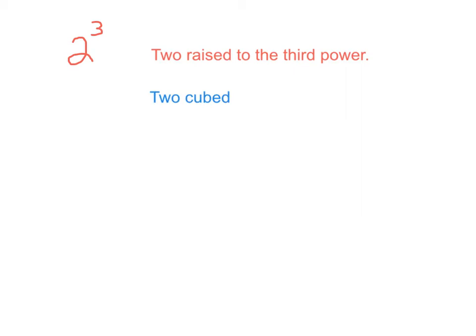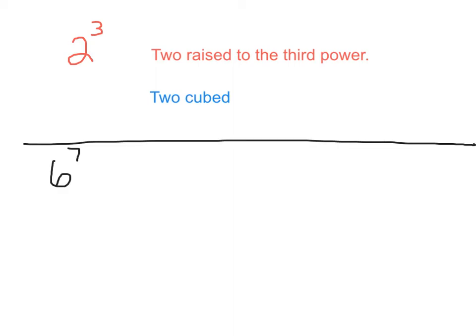And so the shortcut for the exponent raised to the third power is cubed. Just like raised to the second power is squared, we call this cubed. So I just wrote this up on the board here for you. How would you write that as a word statement, or how would you say that as a word statement? That would be stated as 6 to the seventh power.